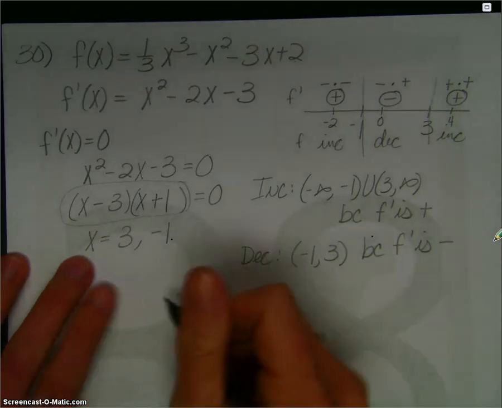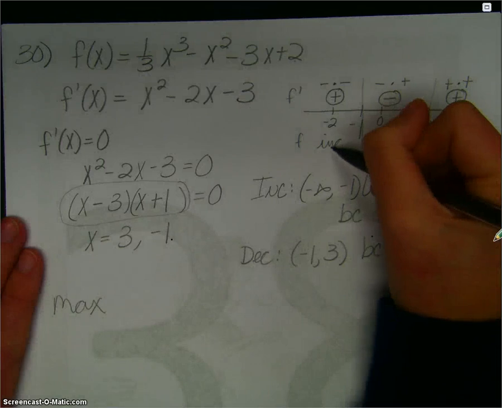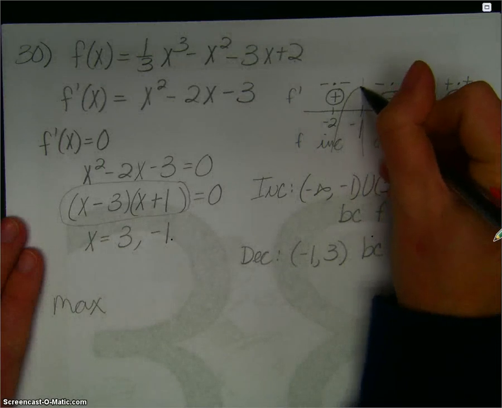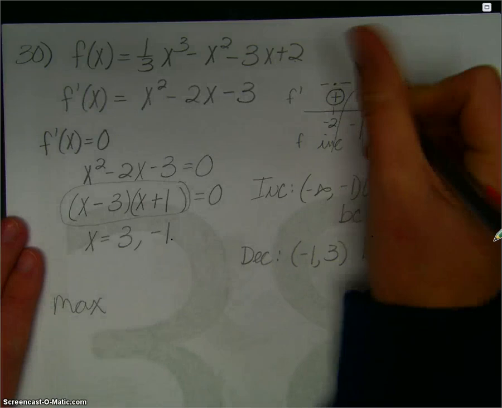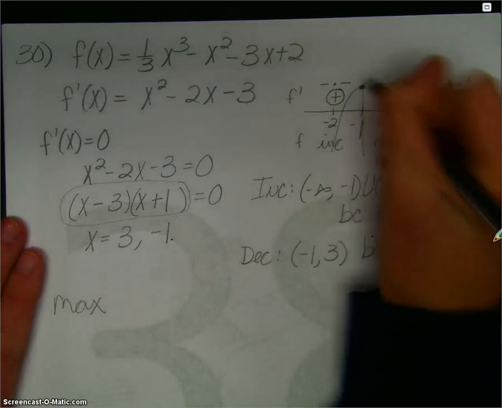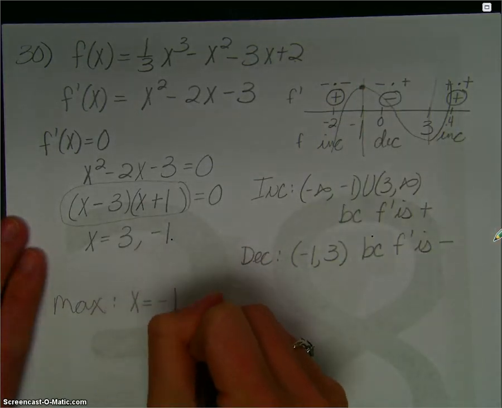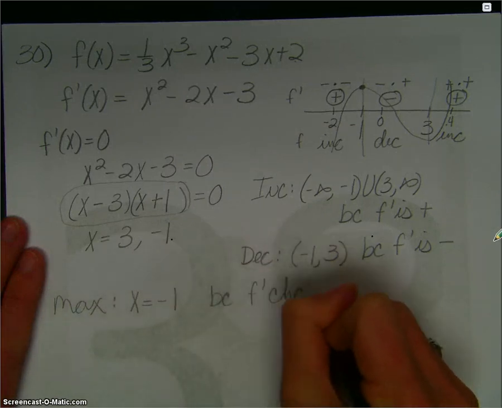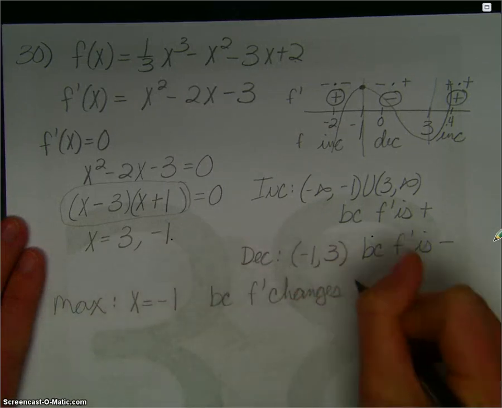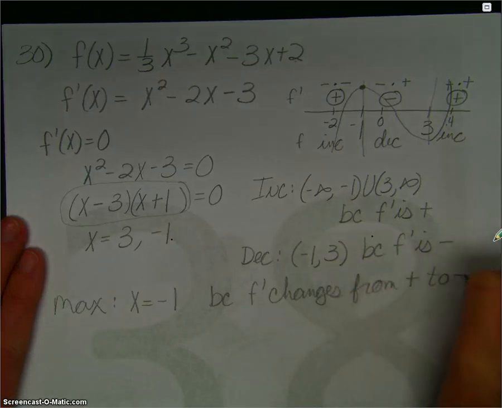Okay, and then finally it asks me about a maximum and a minimum point. So if I draw a little picture of what my graph might look like, increasing and then decreasing and then increasing, I notice that right here I make a maximum point, so that will happen where x is equal to negative 1 because f prime changes from positive to negative.